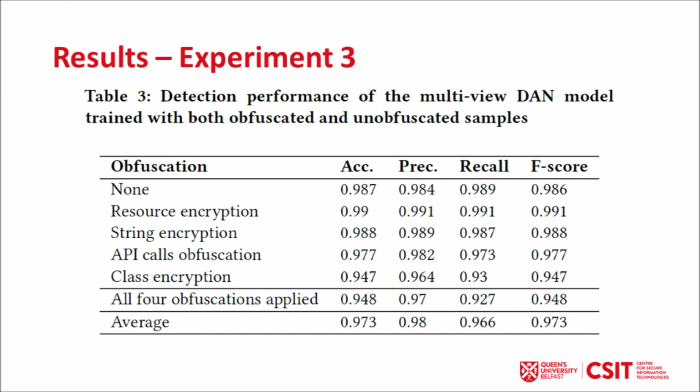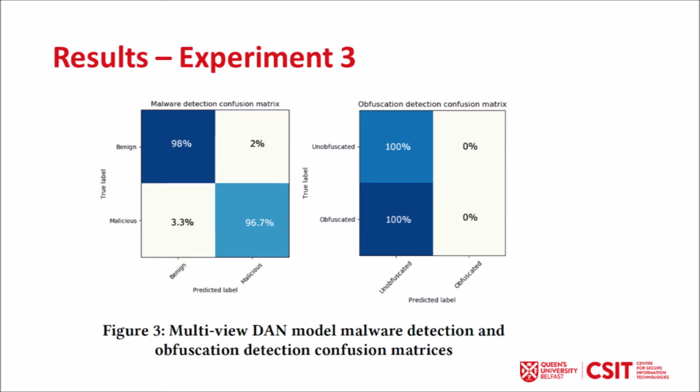From table 3, it can be seen excellent detection performance is maintained, and we can tell the DAN is effective when we look at this confusion matrix, where every single app is classified as unobfuscated. The DAN is not about improving detection performance as such, but removes bias to obfuscation. Therefore, we can conclude our multi-view DAN model is resilient to these 4 obfuscation techniques.